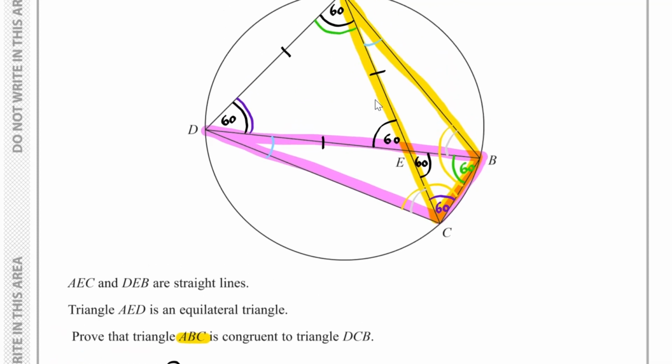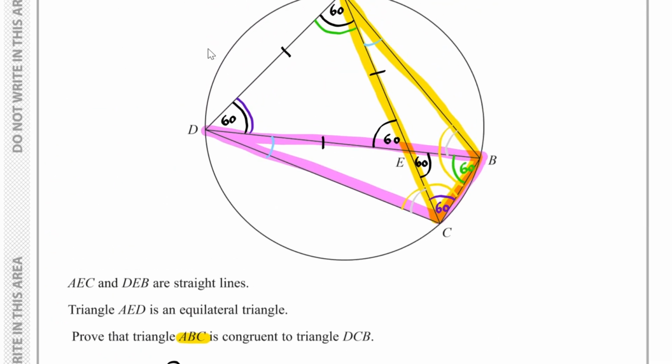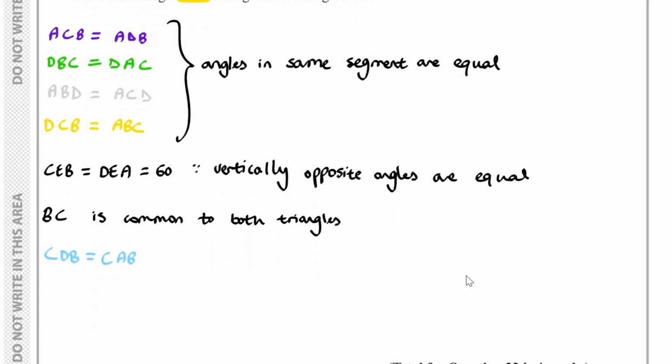So what we have over here is CDB, that's going to equal the angle CAB. Okay, and therefore from this it follows that DB and AC are equal. So therefore, because the triangles are essentially congruent, DB is equal to AC.